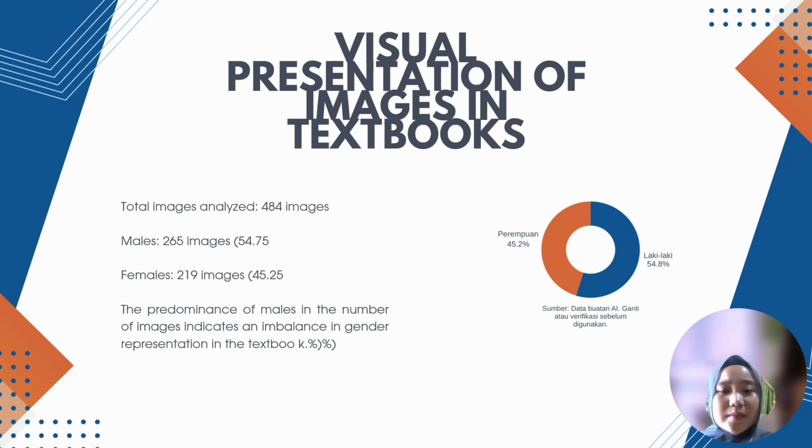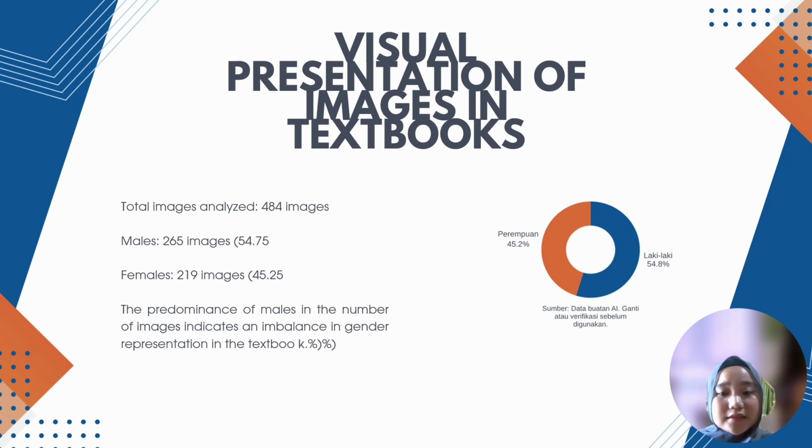For female images, 218 images or 45.25%. The higher number of male images indicates that male representation is still more dominant in the textbook.